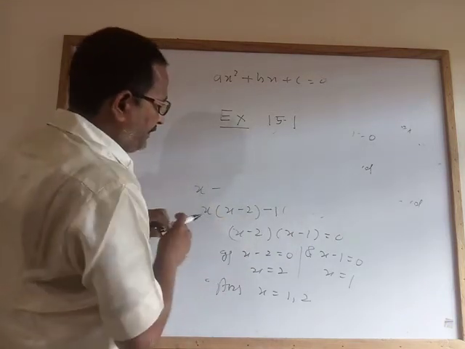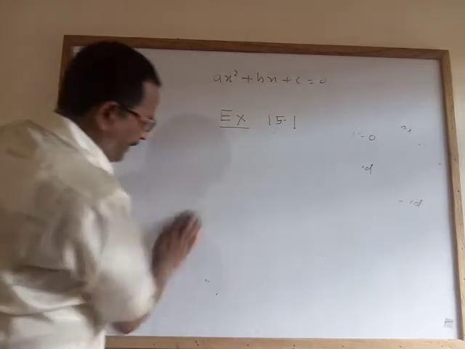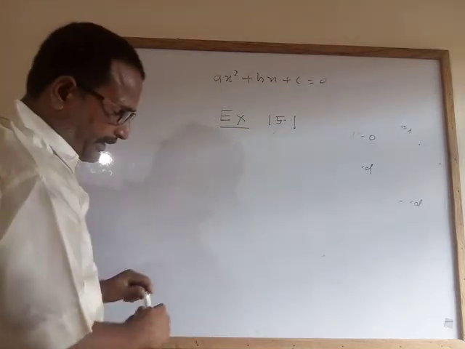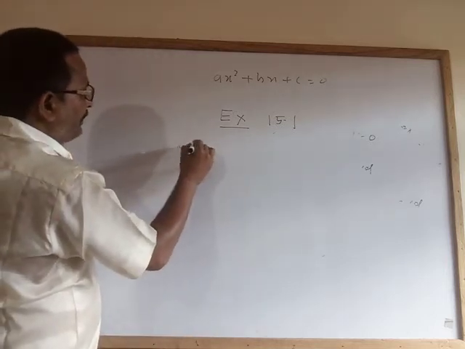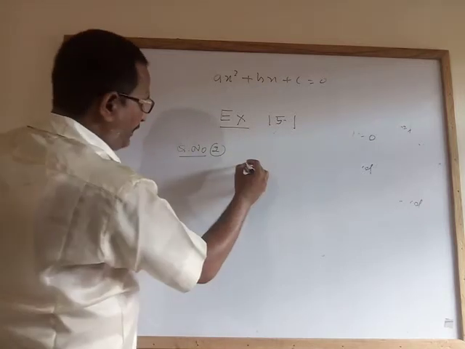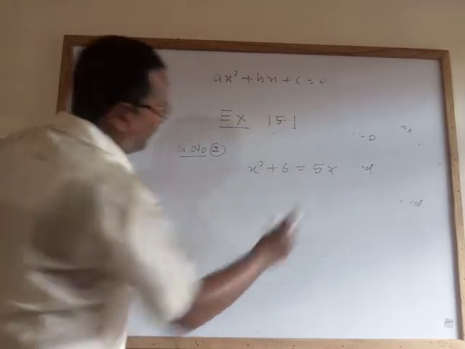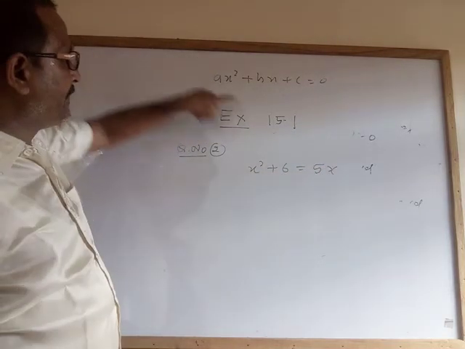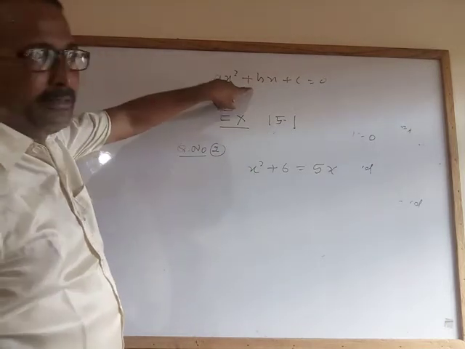Question number second, an easy method. When you solve one or two questions, you can easily find the answer. Question number 2: given x square plus 6 is equal to 5x. See that this equation is not given in standard form. You have to change this equation into its standard form.